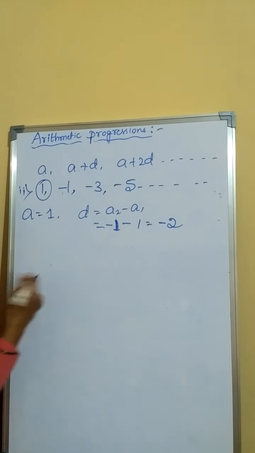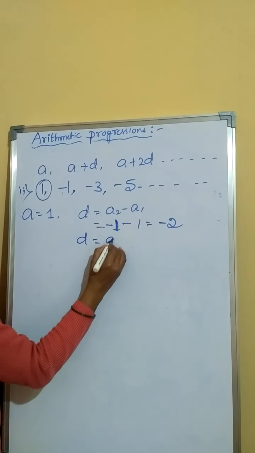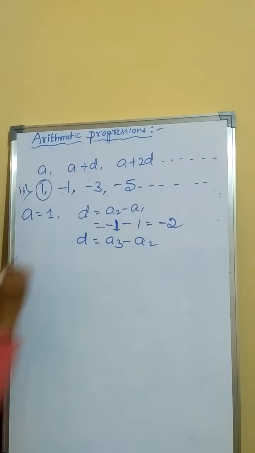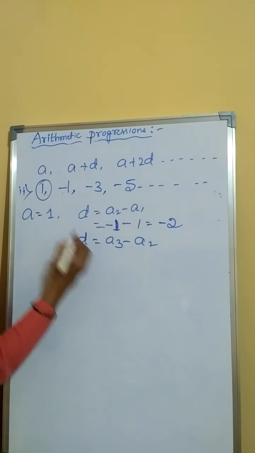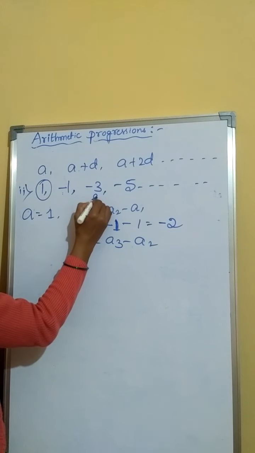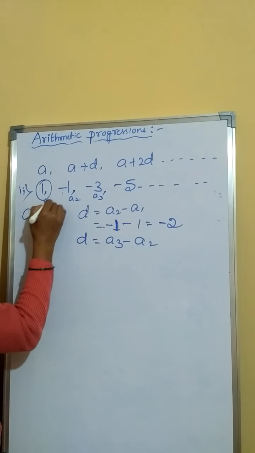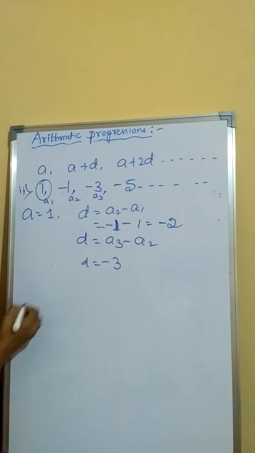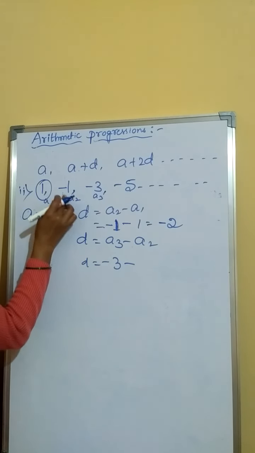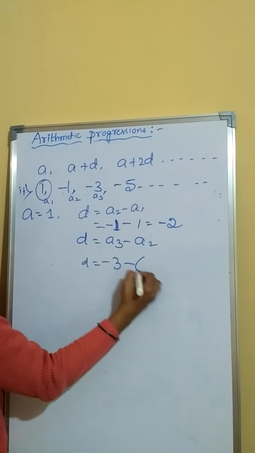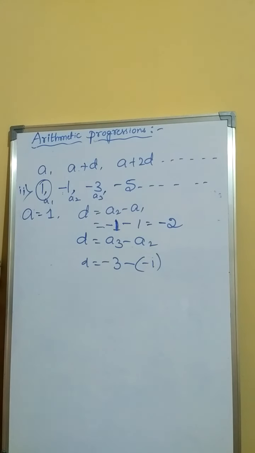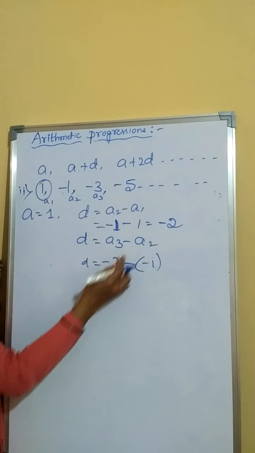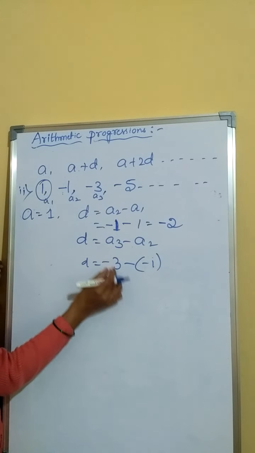Here we are not satisfied. Let us check one more time. D is equal to A3 minus A2. A3 is how much? Minus 3 here. So D is equal to, this is minus 3 minus A2. That is A2 is minus 1. Minus of this minus 1. Don't get confused. A3 is minus 3, I have inserted here.